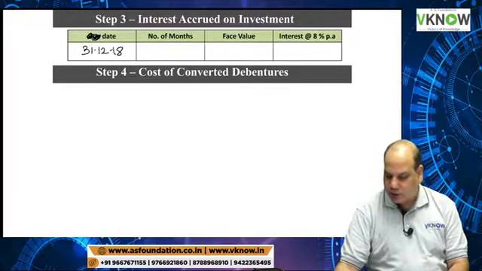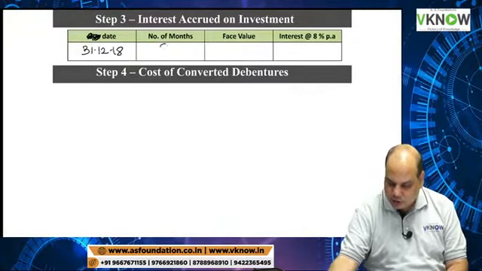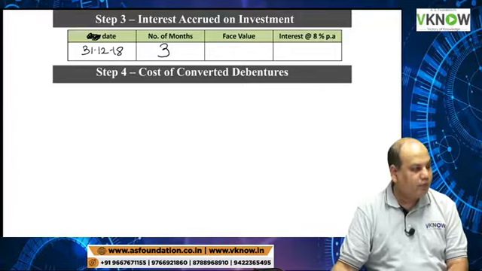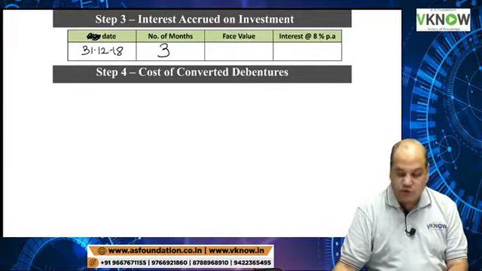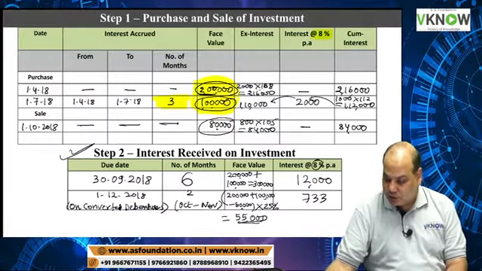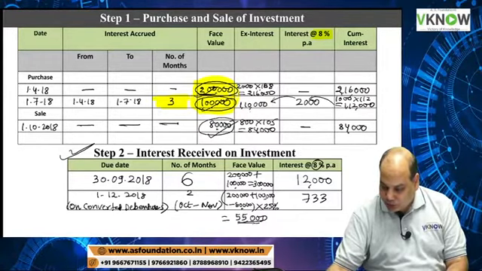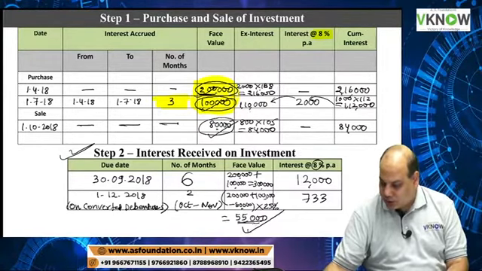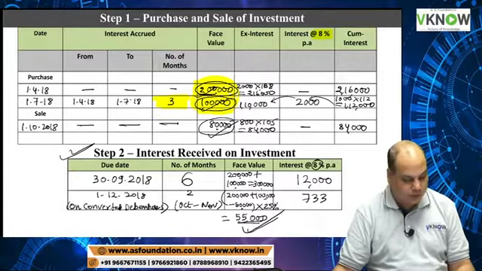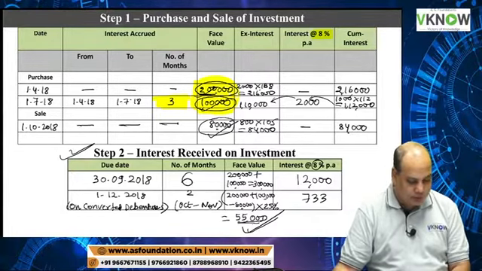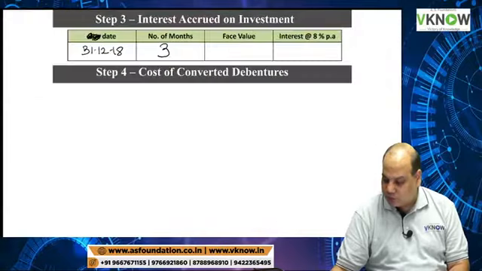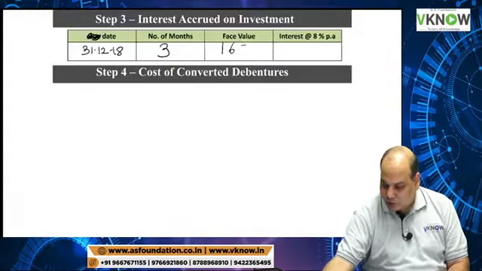What is the value of debenture left with us? Interest will accrue for 3 months. What is the value of debenture left with us on the screen? 2 lakh plus 1 lakh minus 80,000 and minus 55,000. So you are left with 1,65,000 rupees face value.